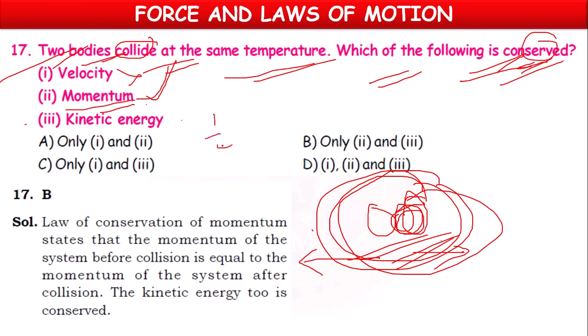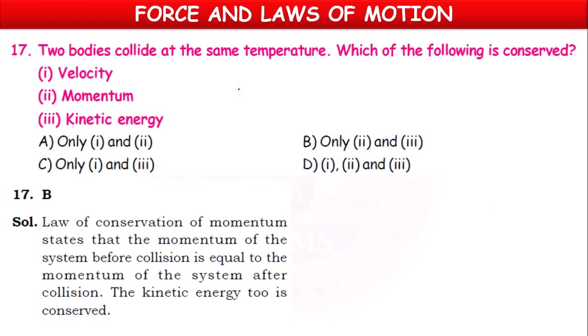Kinetic energy means half mv square. Suppose the initial velocities are u1, u2 and the final velocities are v1, v2.